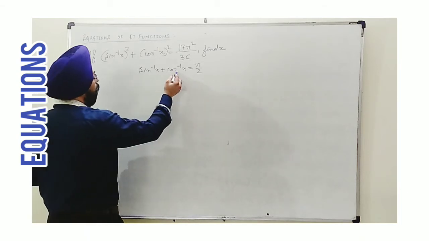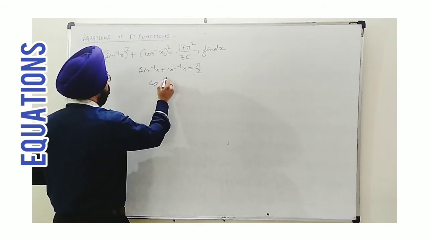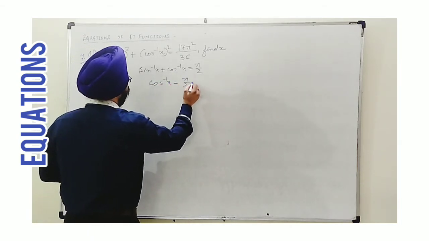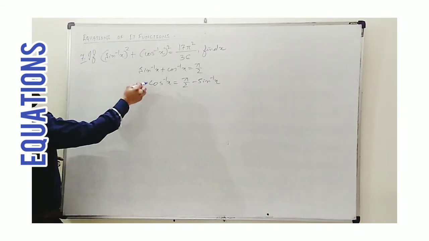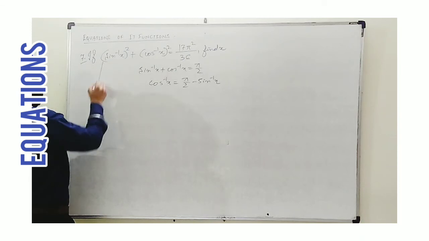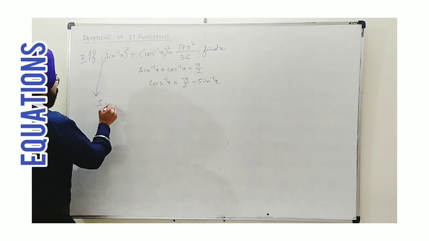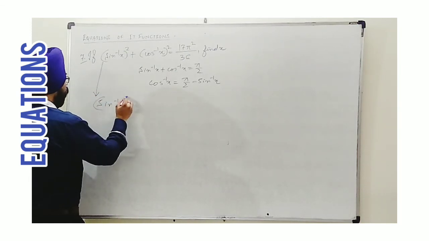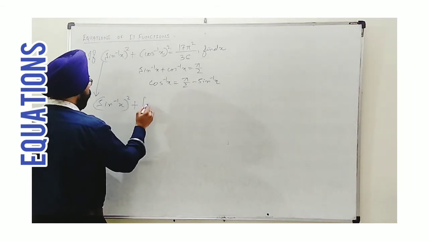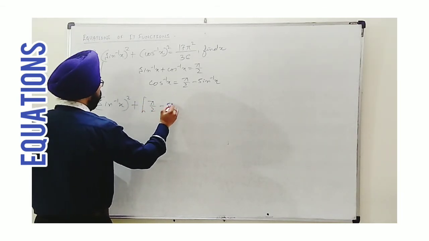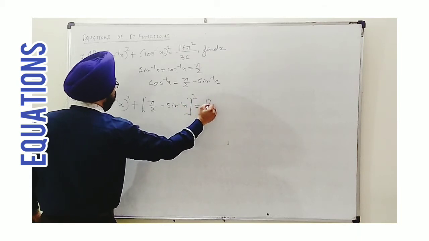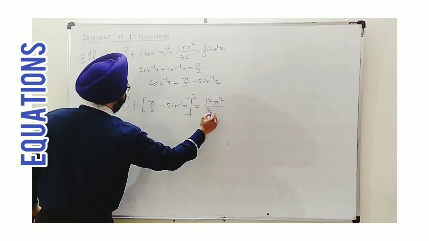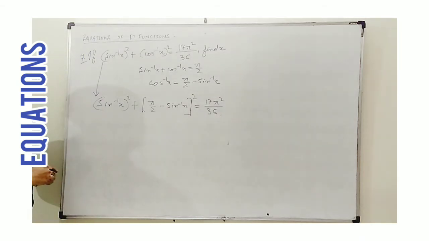Here we can replace cos inverse x by pi by 2 minus sin inverse x and use it in the given relation. We can rewrite this as (sin inverse x) whole square plus (pi by 2 minus sin inverse x) whole square equal to 17 pi square upon 36.